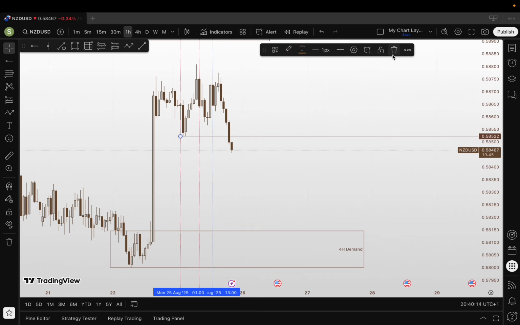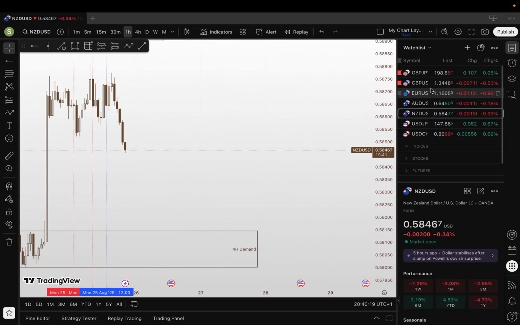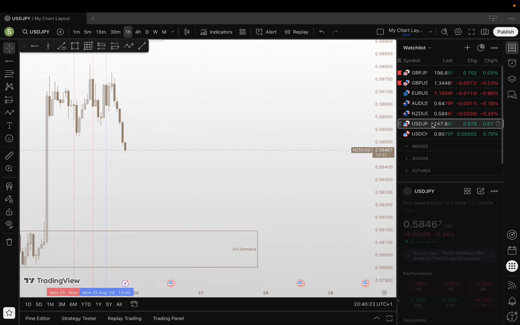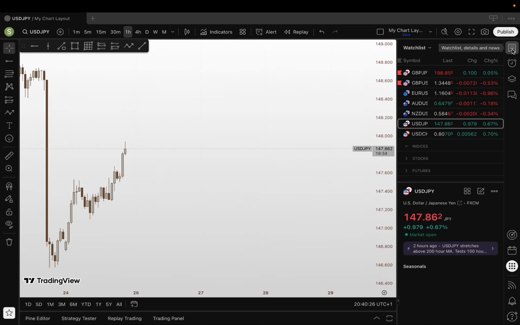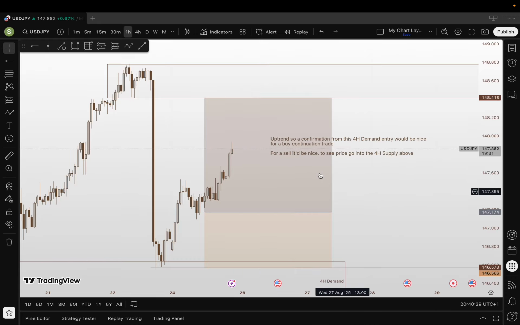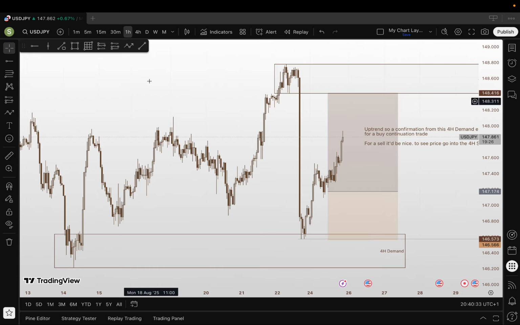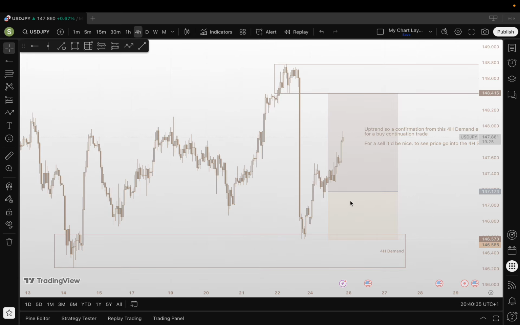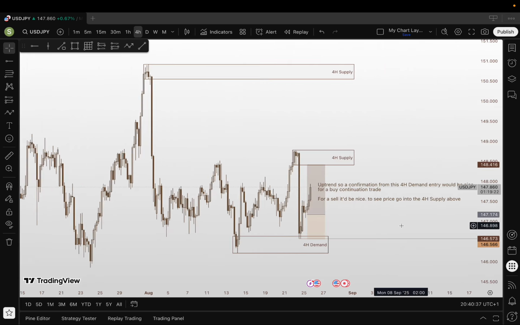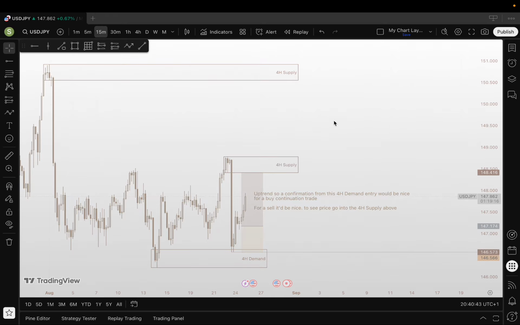All the pairs ending with USD, GBP/USD, EUR/USD, these pairs, they were giving me sell ideas, while all these ones were giving me buys. Look at this buy. This buy, because price came within 4-hour demand on USD/JPY. There's still a fair value gap here. Came within 4-hour demand.